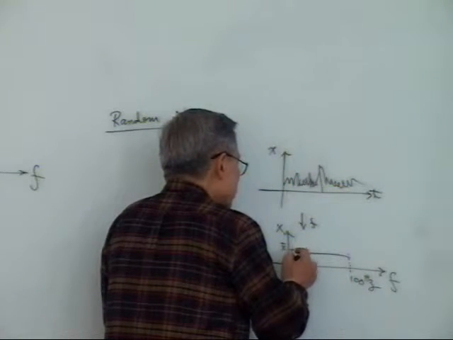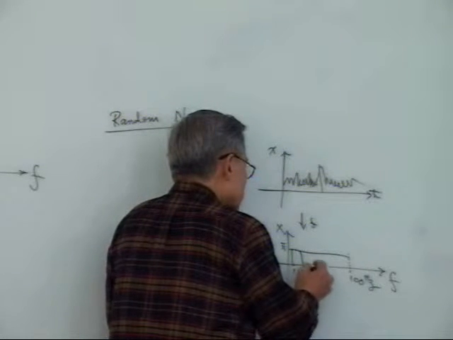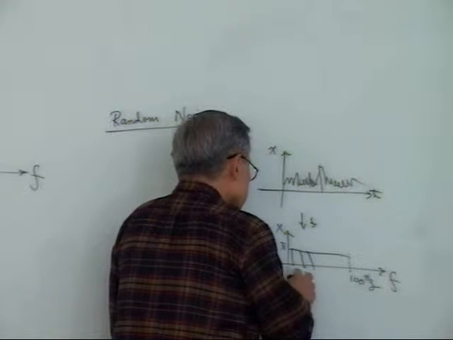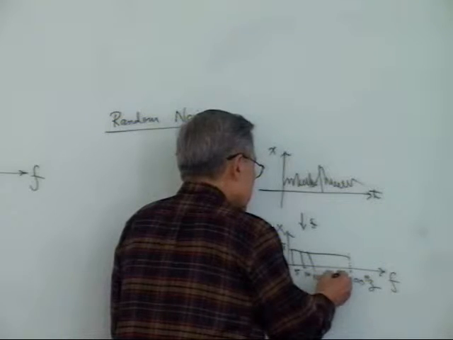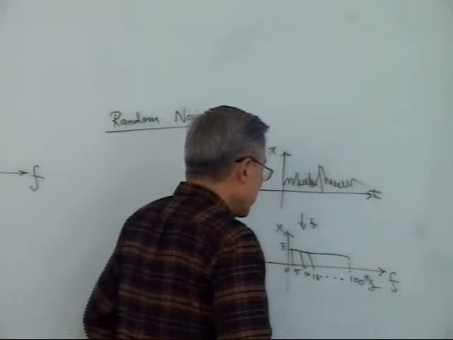For example, if you pick out 1 Hertz, or 10 Hertz, maybe start from 0, 5, 10, 15, all the way. I'm just telling the relation.